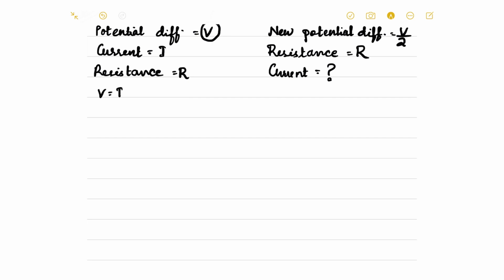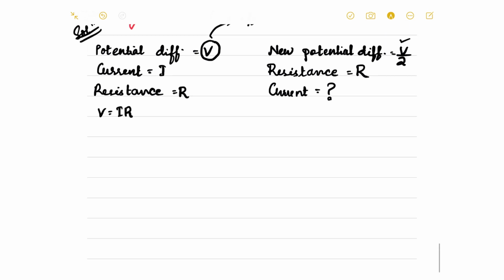V is equal to IR. So in the first case, V will be equal to IR. In the second case, V by 2 will be equal to I dash R, where I dash is the current in this case.